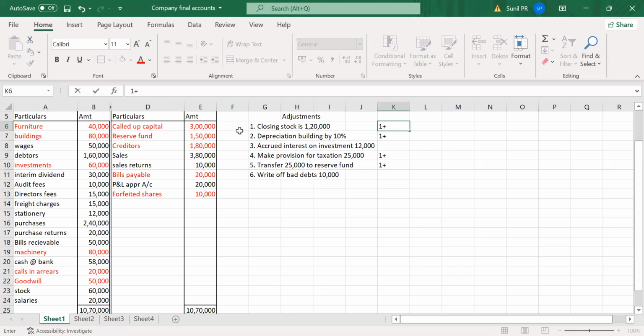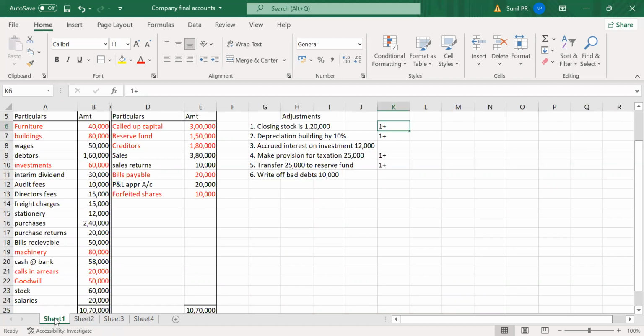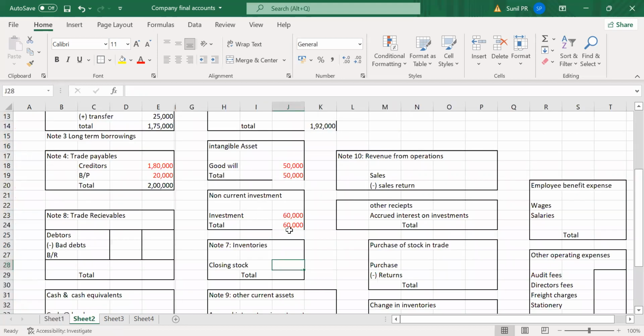In the P&L, I told you. You remember? Changes in inventory, opening stock minus closing stock. Yes, sir. So closing stock is 1,20,000.